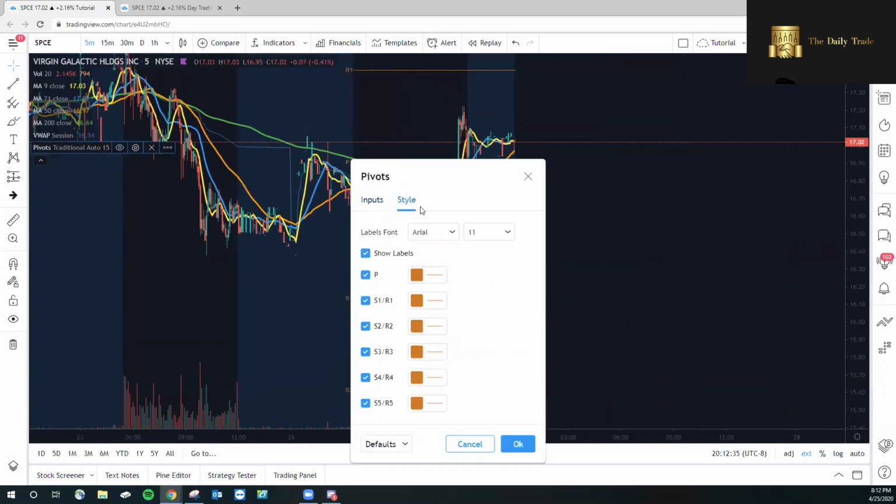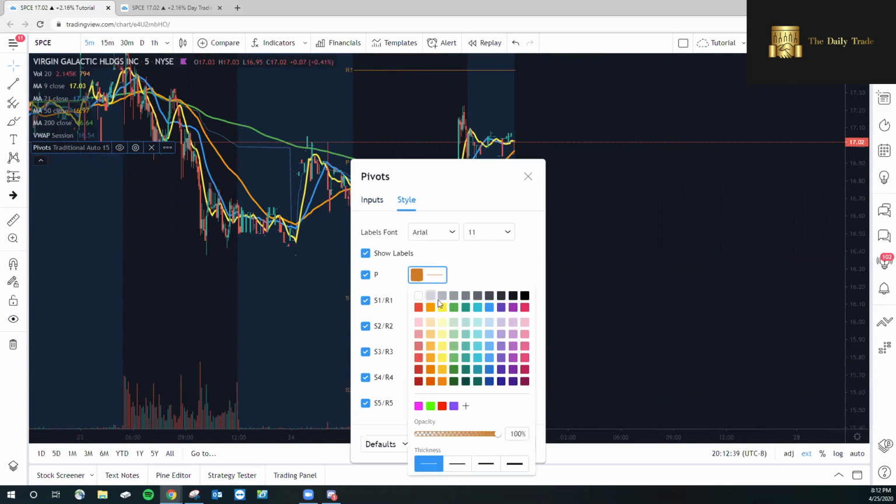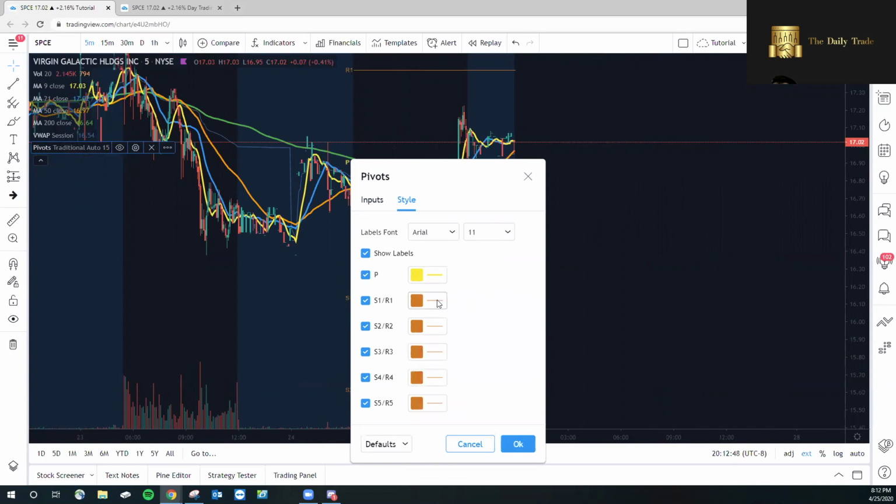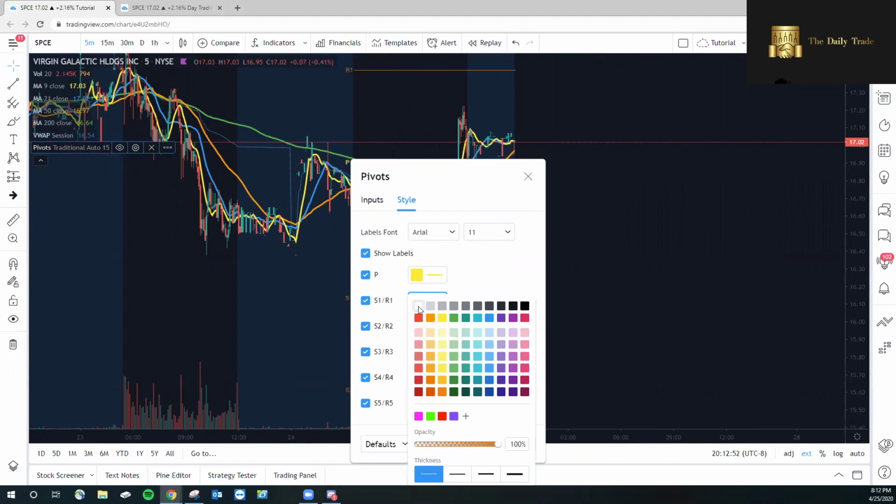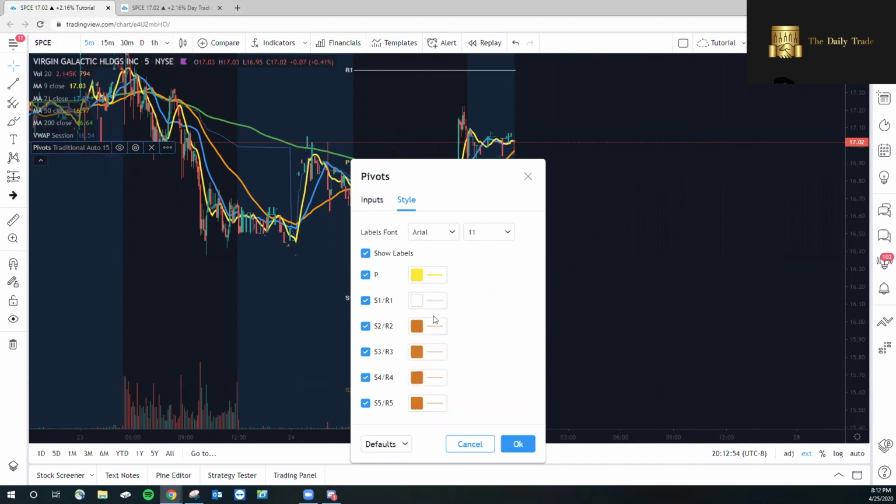Let me edit this to the way I like it. My main pivot point, my mid pivot point, as I like to say, it's going to be my yellow. I'm going to go ahead and make it a 3 again. Most of the stuff I add on here is usually a 3. Makes it a lot easier to view. My other pivot points are going to be all white.